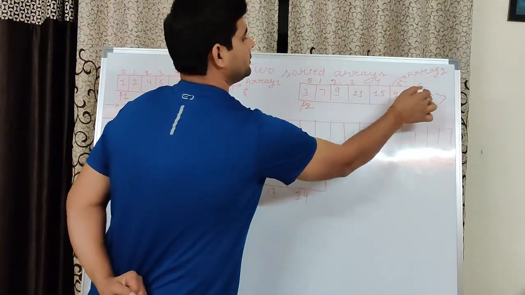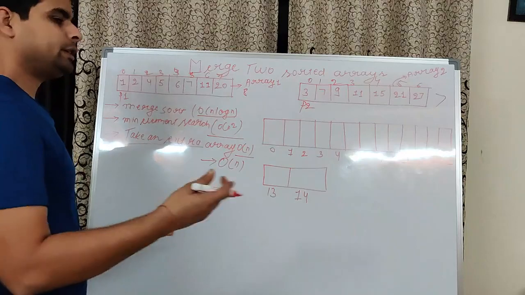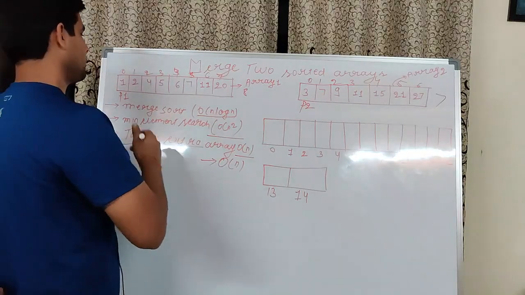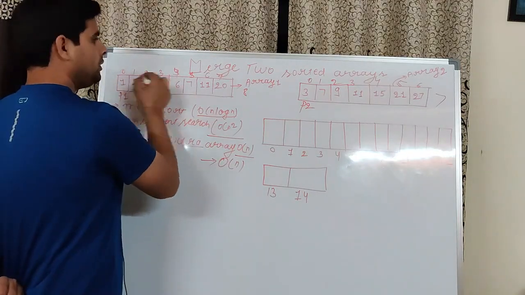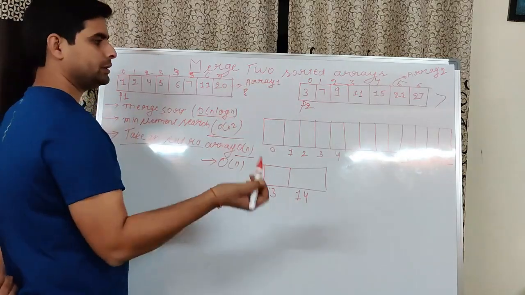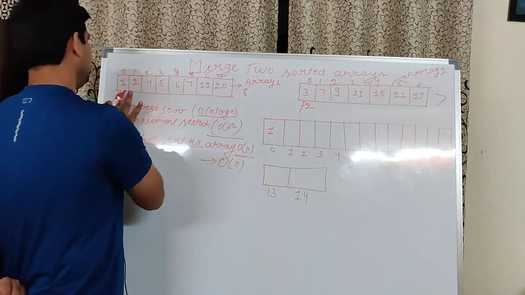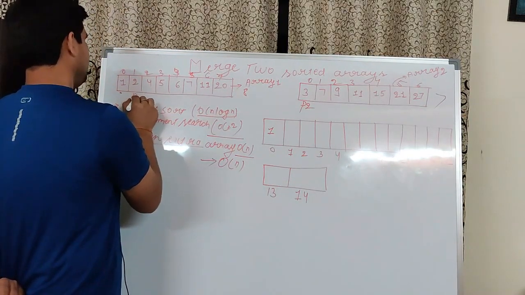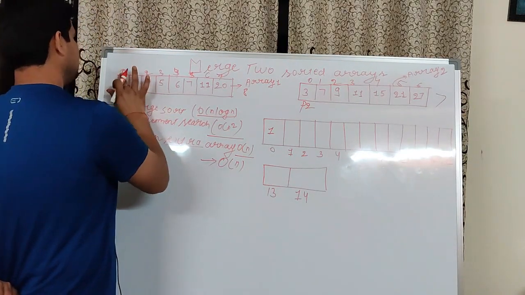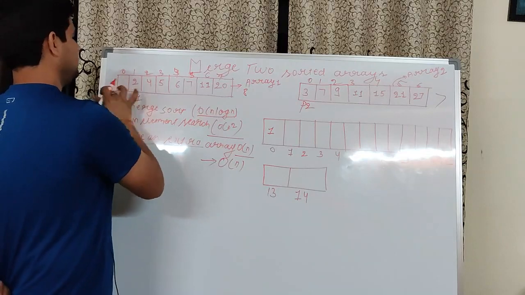Okay, so let's process these arrays. So 1 and 3, which one is lesser? Obviously 1. So I will put 1 here. Now I will move pointer p1 to this place. Since it has been processed, I will remove it.